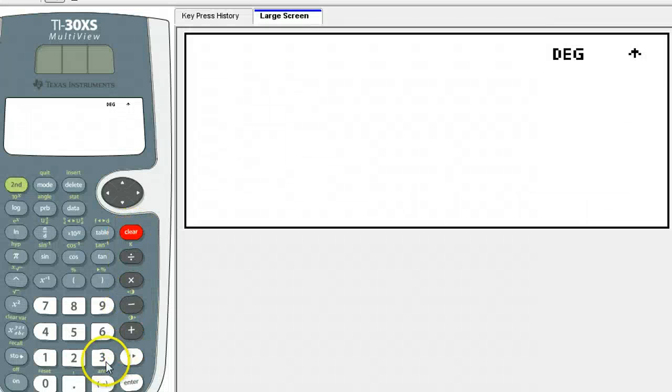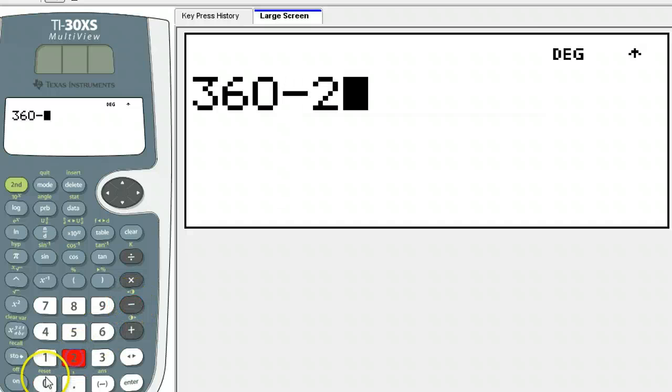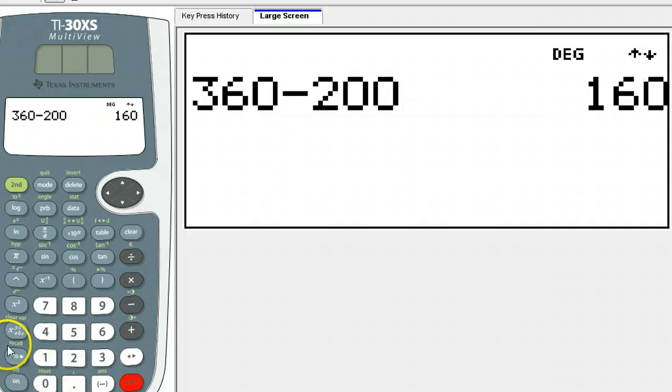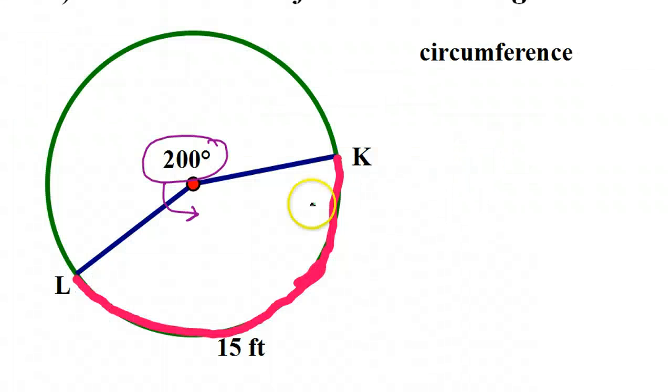So we're doing 360 minus 200, so that's 160. So if this is 200, then this is, of course, 160 degrees. So the 200 is not the number we will use. We will use the 160 because it goes with the 15-foot arc length that we have.